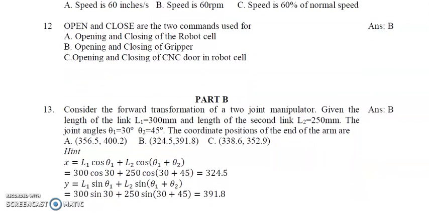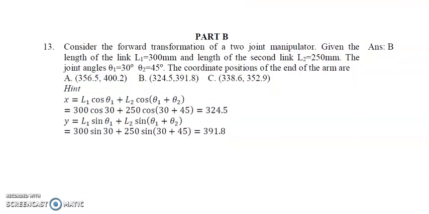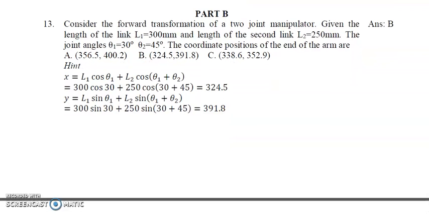So now we will move on to part B questions. Question number 13. Consider the forward transformation of a two-joint manipulator. Given the length of link L1 is 300 mm and the length of the second link L2 is 250 mm, the joint angle theta 1 is equal to 30 degrees and theta 2 is equal to 45 degrees.